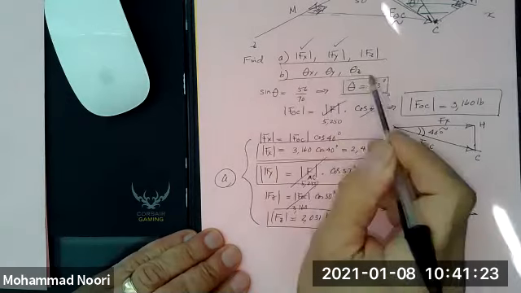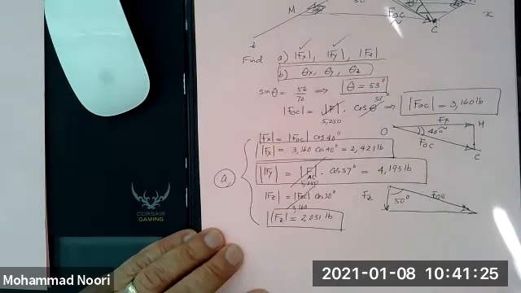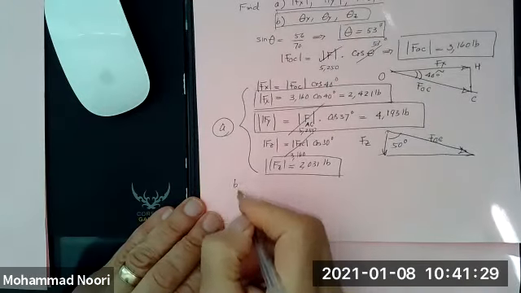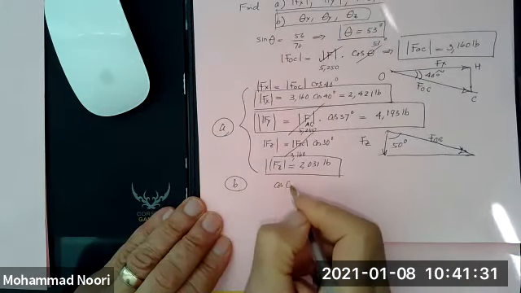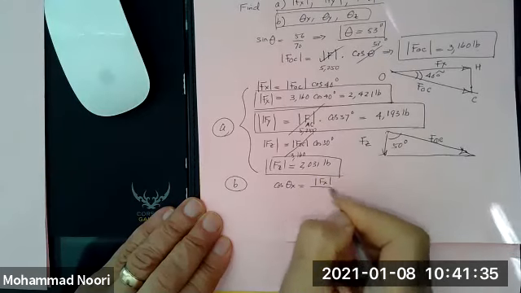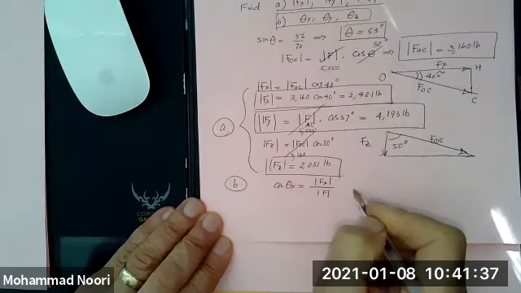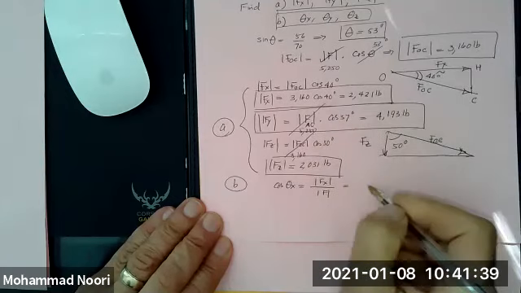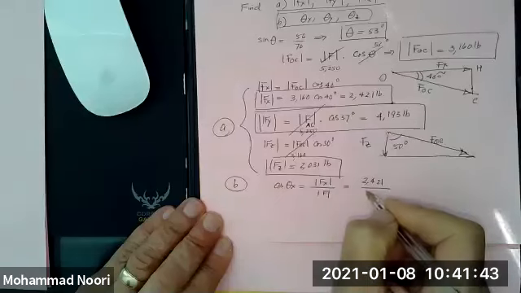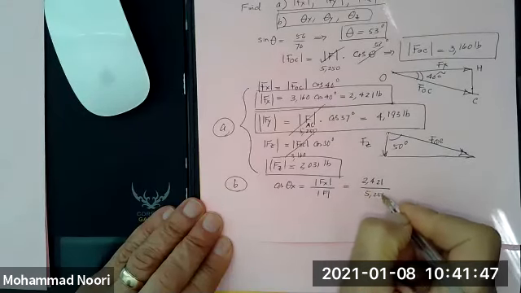Now, how do you find the direction cosines? It's easy. Why? Because we said that cosine of theta x is f of x divided by magnitude of f. So we have the f of x, 2,421. Magnitude of f is given, 5,250.